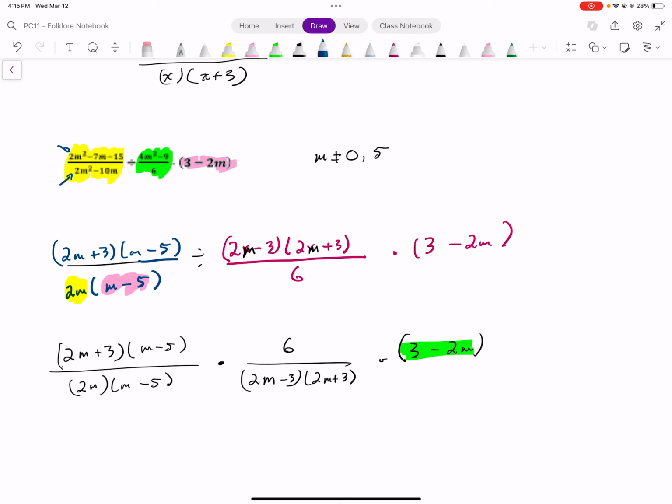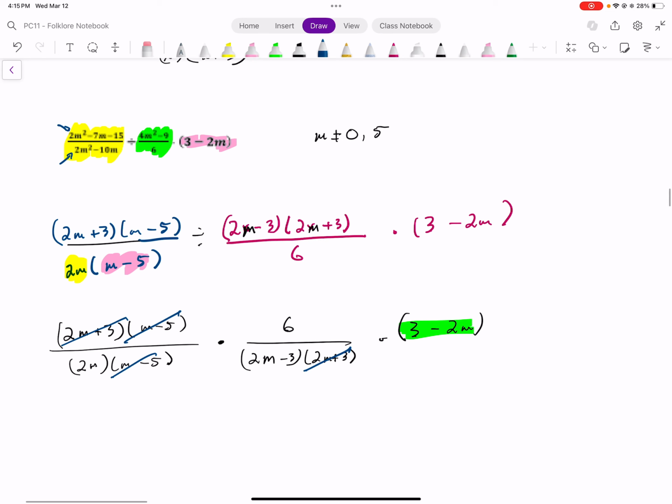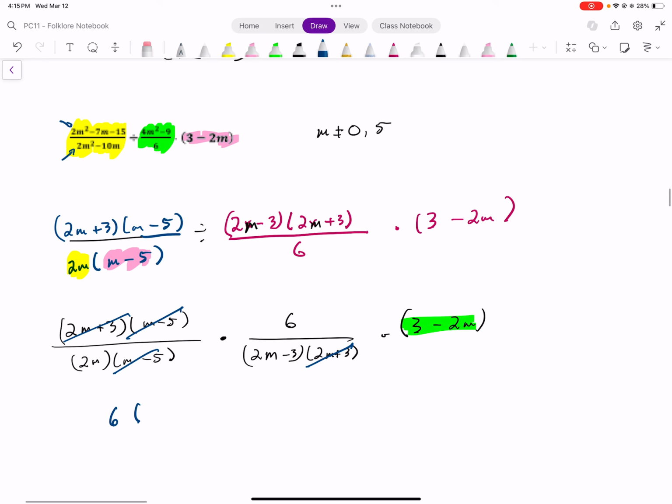So I have a factor of m plus 3, so I'm just going to cancel those out. I have a factor of m minus 5, going to cancel those out. So I'm going to rewrite this as 6 times 3 minus 2m divided by 2m minus 3. I recognize that my factors 3 minus 2m and 2m minus 3 are additive inverses.